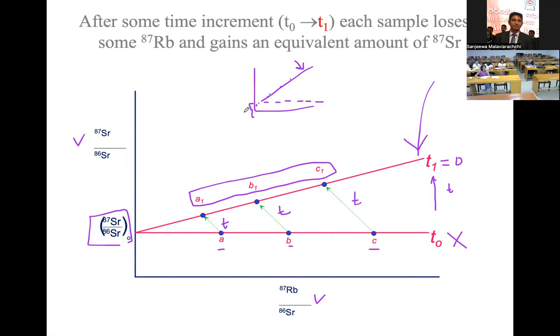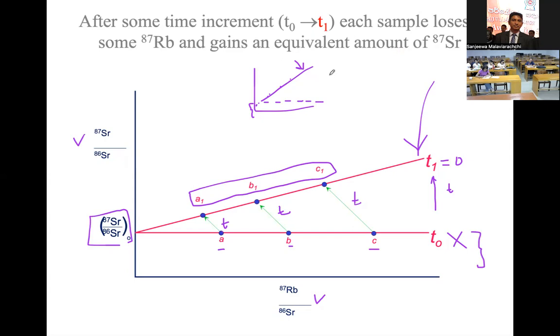Okay, but we are demonstrating what is happening during this age determination. So originally, ideally, we should have A, B, and C values for these rocks. Initially, since they are coming from the same magma, they must be at the same level, right?